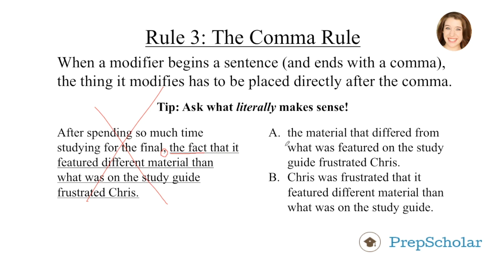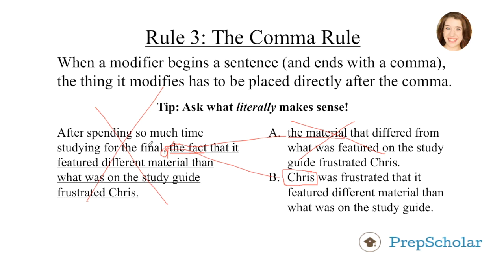What about this one? The material that differed from what was featured on the study guide frustrated Chris. Now this starts with the material, which would place the material right after this. Does it make sense that the material spent a lot of time studying for the final? No. We can cross this off too. Finally, answer choice B places Chris right after our modifier.